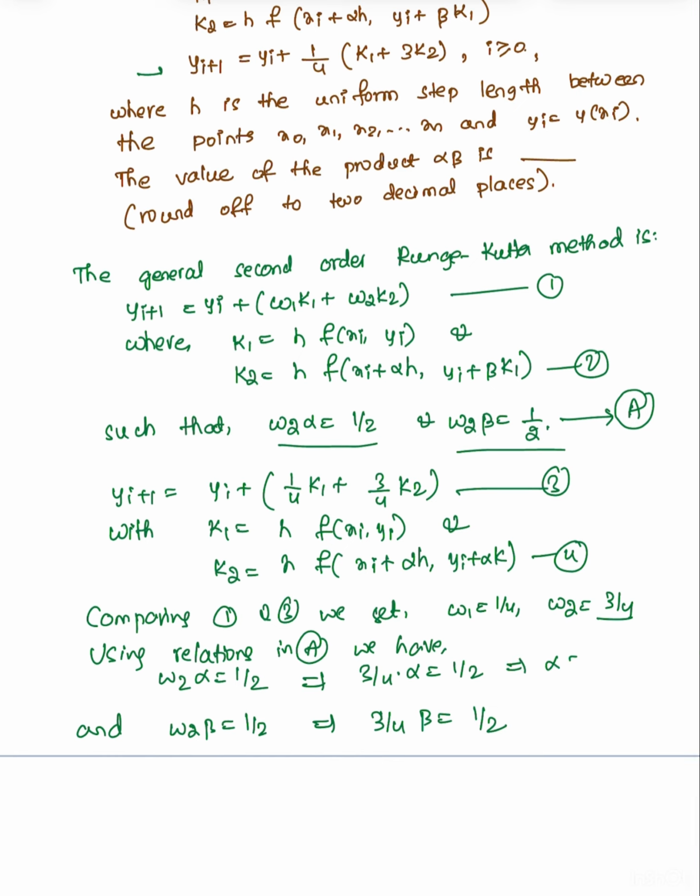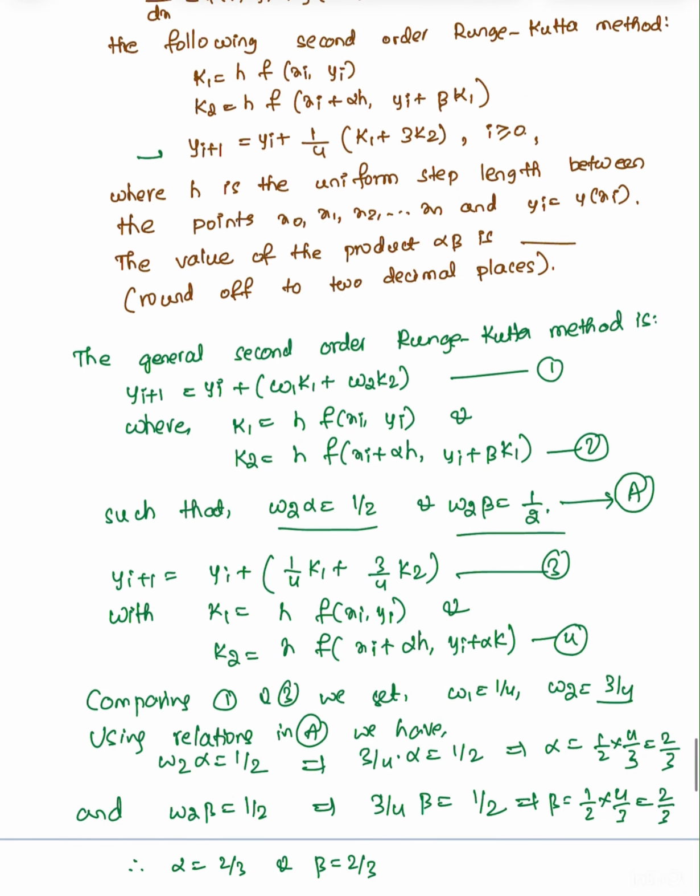So alpha is equal to 1 by 2 into 4 by 3, so this is nothing but 2 by 3. Here also beta is equal to 1 by 2 into 4 by 3, so this is 2 by 3. Therefore alpha is equal to 2 by 3 and beta is equal to 2 by 3.